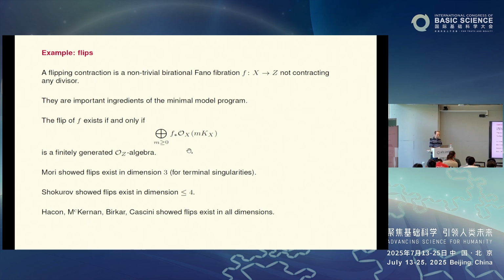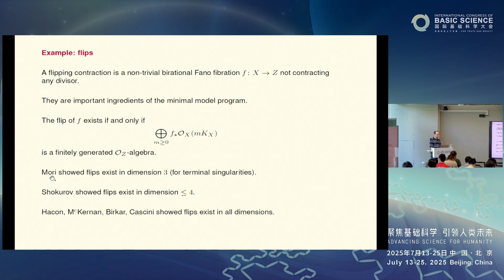Okay, so I'm not going to explain how this is proved, but just proving that you can complete this flip process happened to be one of the most complicated ingredients of the story.